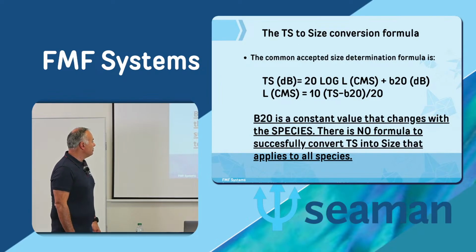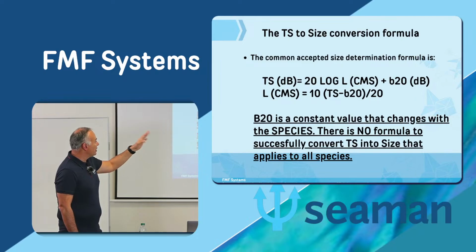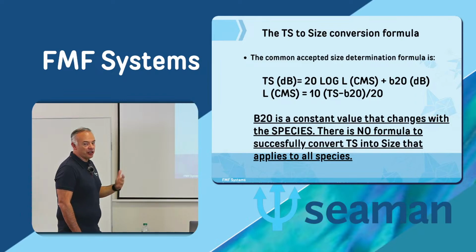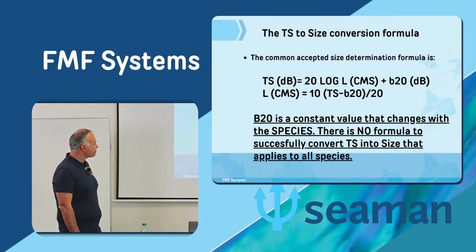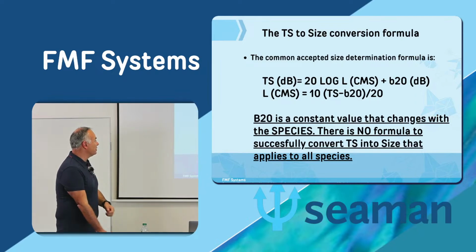The formula that we use to convert TS to size is that one. The formula has a logarithmic part, and it expresses the direct relationship between the target size and the TS. Then you can easily express mathematically the target length in relationship with the TS.